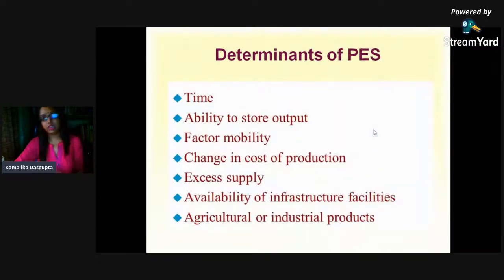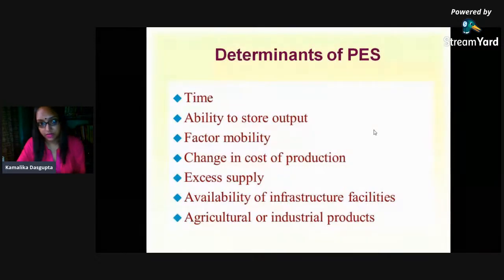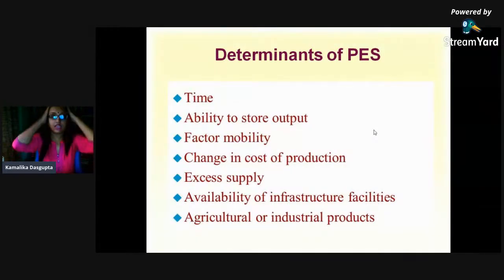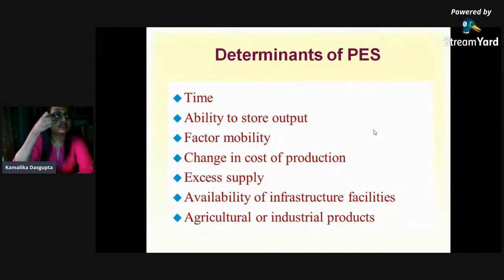Now the last thing, but definitely not the least, that we need to know is the determinants of price elasticity of supply. Time. With time, the elasticity increases. Suppose a product is newly launched in a market, so people do not know about the product.